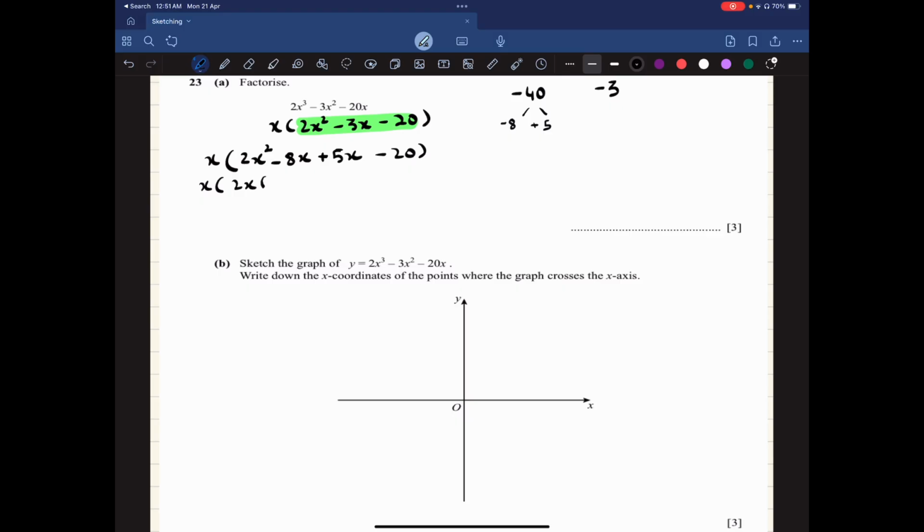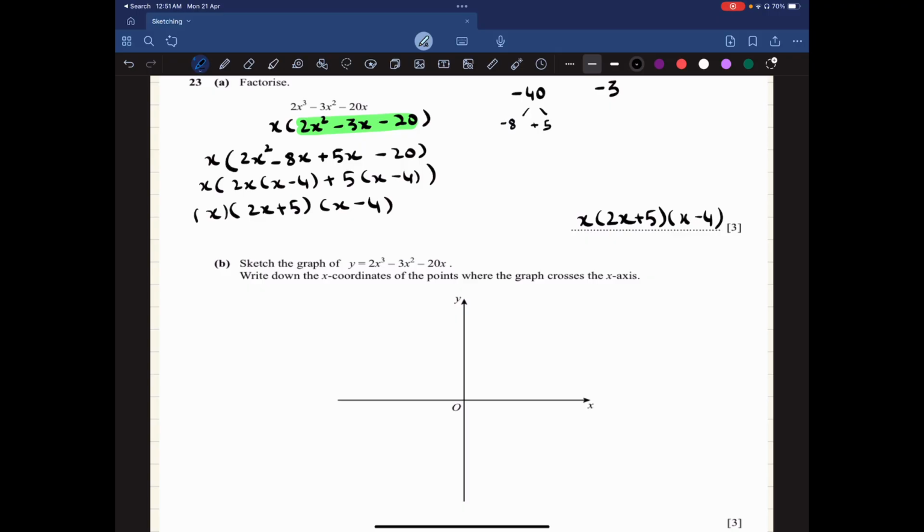Let's take 2x common: 2x into x minus 4 plus 5 into x minus 4, so 2x plus 5 into x minus 4. So this is the answer to the first part, and I think 3 very easy marks to score.